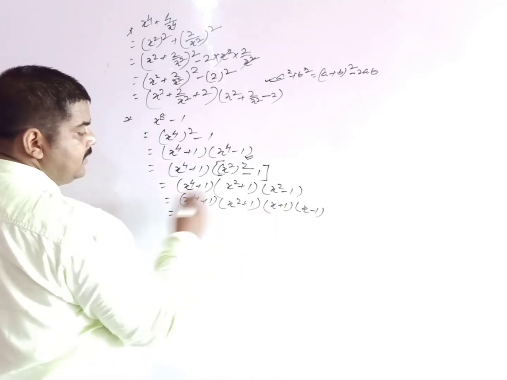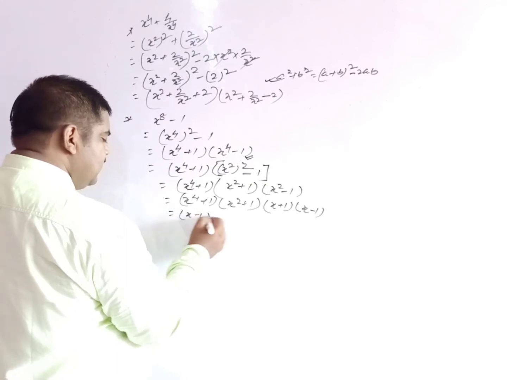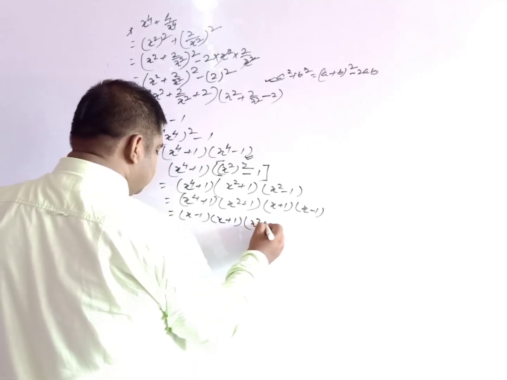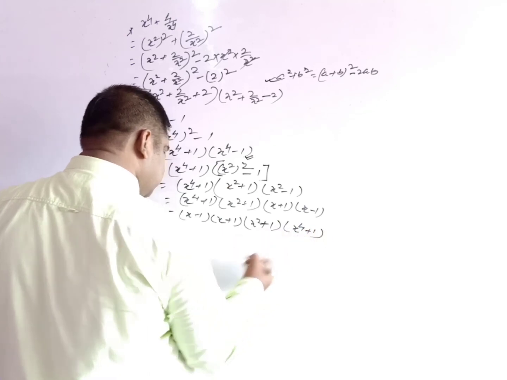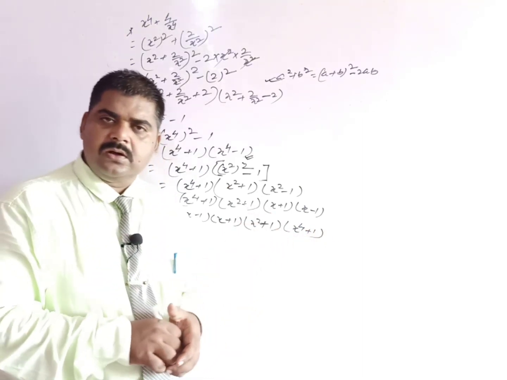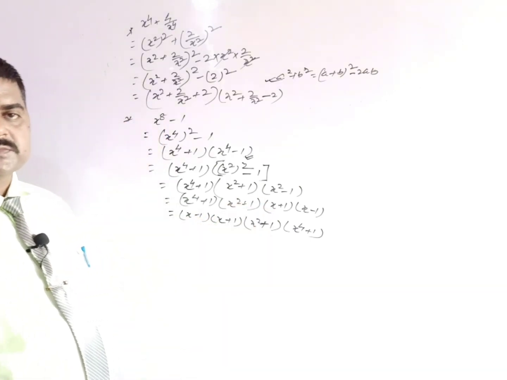Or you may rearrange it and write (x minus 1)(x plus 1) into (x square plus 1) into (x to the power 4 plus 1), if you have to arrange in ascending order of the degree of all the terms.